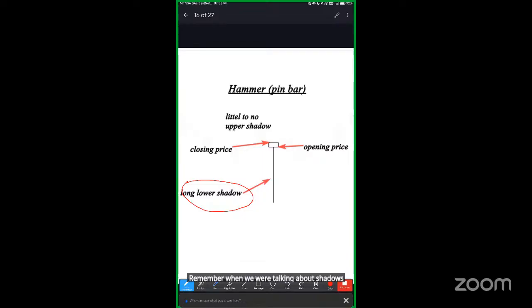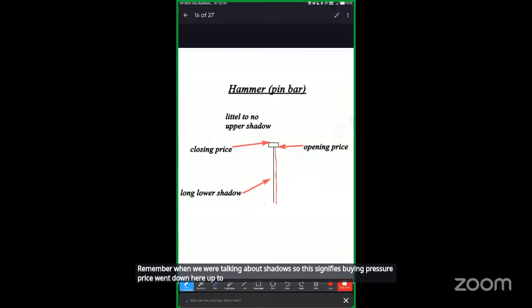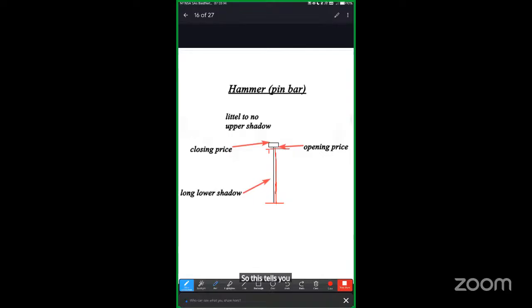So this signifies buying pressure. Price went down here up to this level. Buyers came in. They started buying, pushing the price back to where it came from. So this tells you that there is an amount of buying pressure in this candlestick or in this trade session, right?